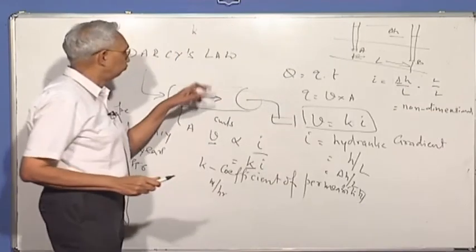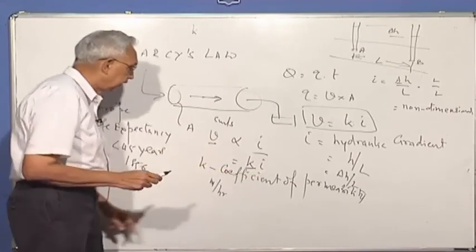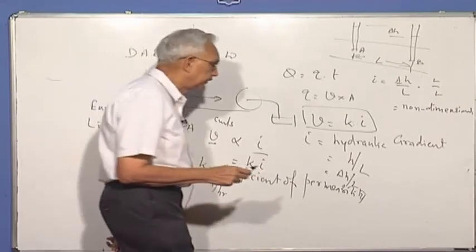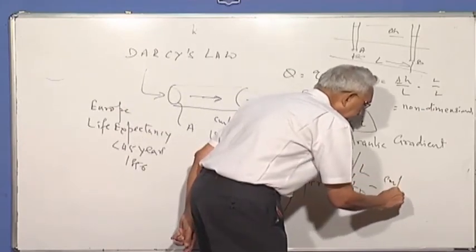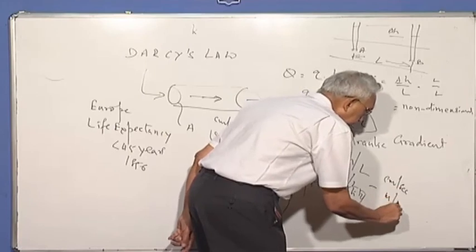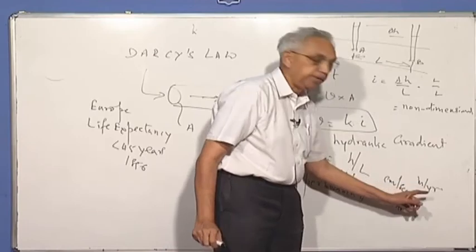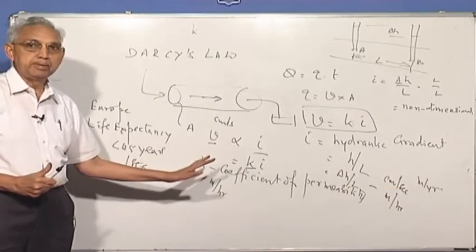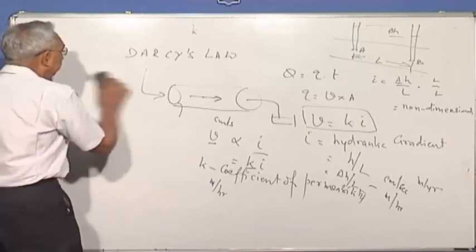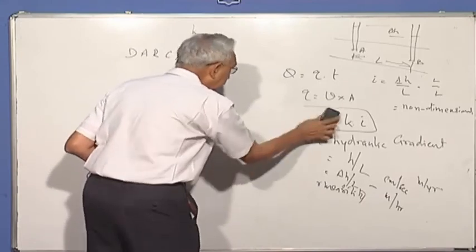So you have velocity proportional to gradient, which is non-dimensional, so the units of coefficient of permeability are also centimeters per second, meters per hour, or meters per year, whatever you want to say. Length per unit time. Please remember, this is how we can define permeability, and we define the property of the soils in terms of permeability.